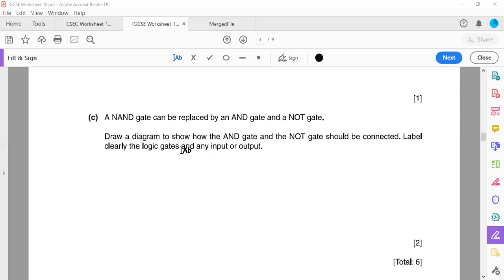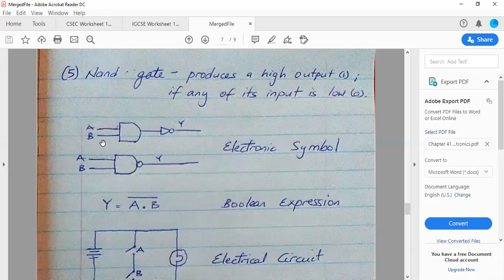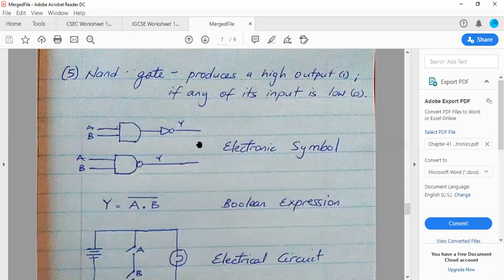Label clearly the logic gates and any input and output. So basically you are drawing this symbol here with an AND gate and a NOT gate connected to give your output. This is the symbol they're asking you to draw, the top one, which is the traditional symbol that we used to use before. So for that you are using an AND gate and a NOT gate to produce a NAND gate, and it comes directly from the lecture here.